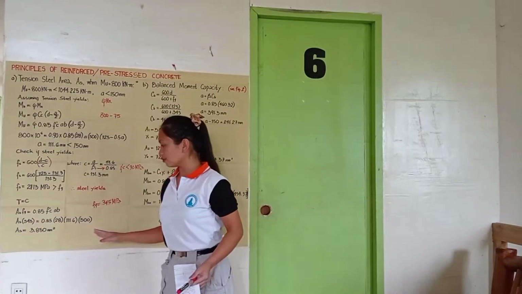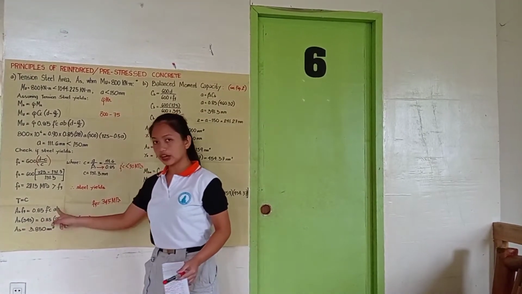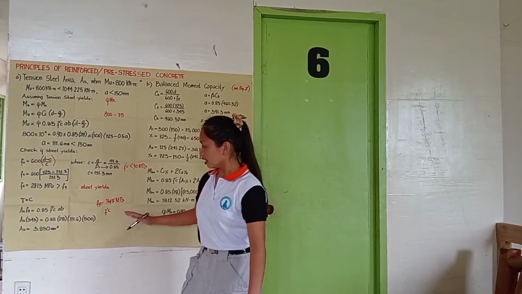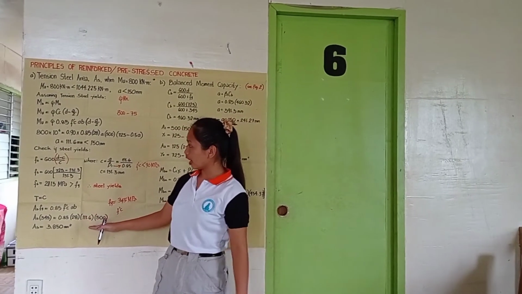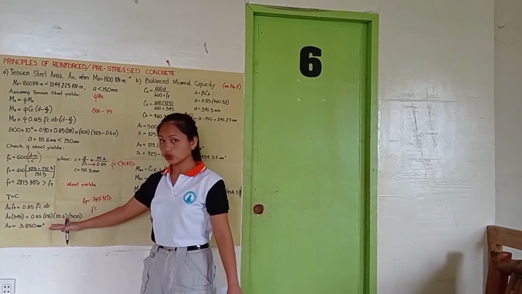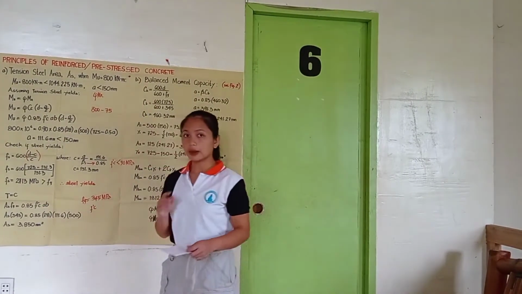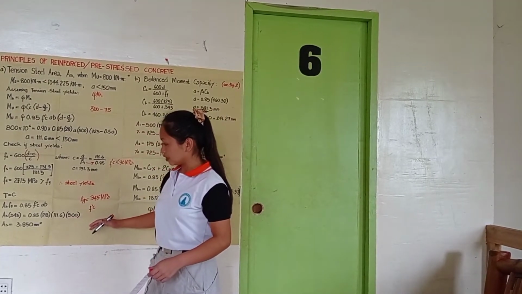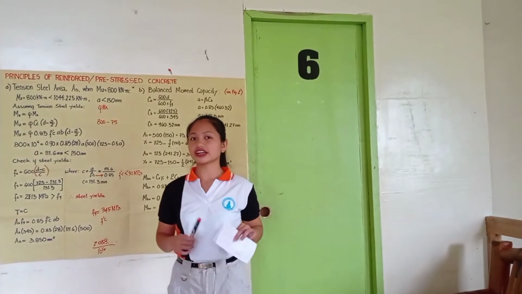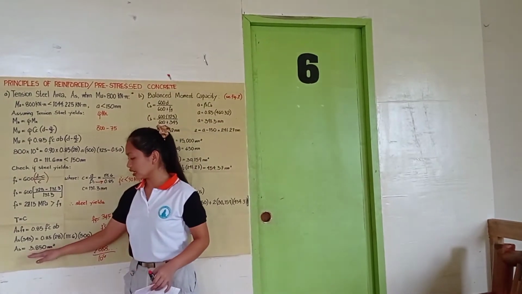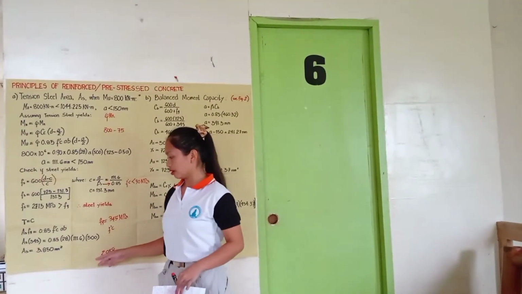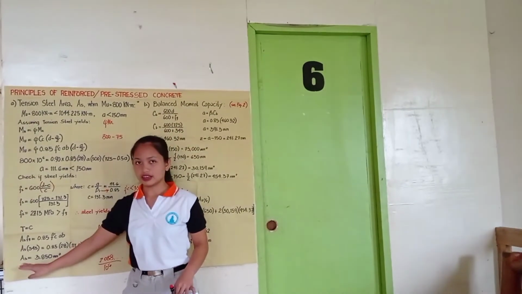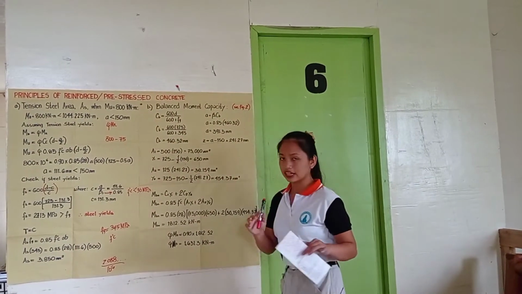AS times 345 equals 0.85 times F prime of C, or the compressive strength, 28 MPa, times the value of our A, which is 111.6, times our B, the base of our beam, that is 500 millimeters. Through our calculations using our calculator, we arrive at the answer 3,850 millimeters squared. Our unit here is millimeters squared since it is the area of the steel in tension.